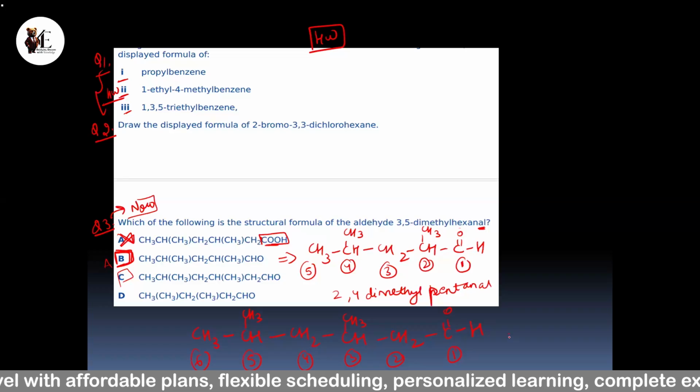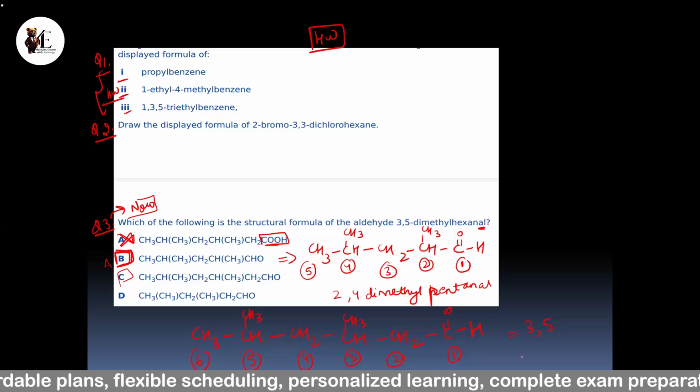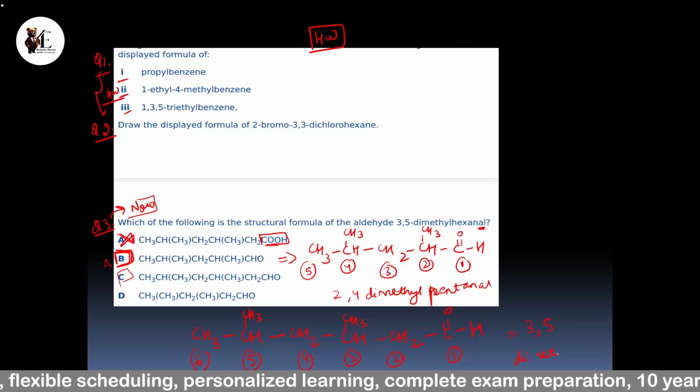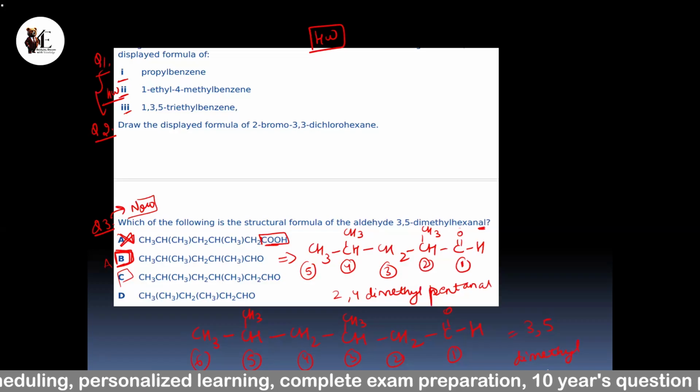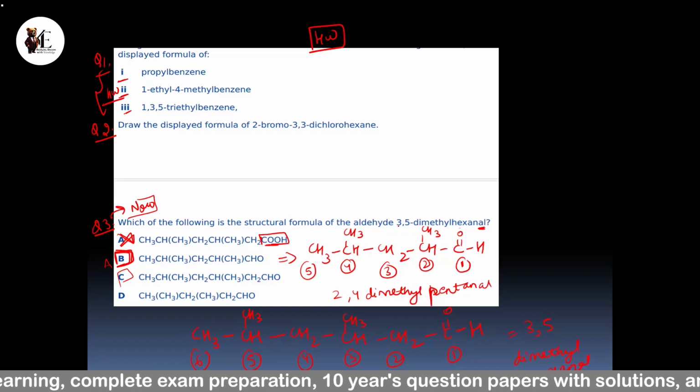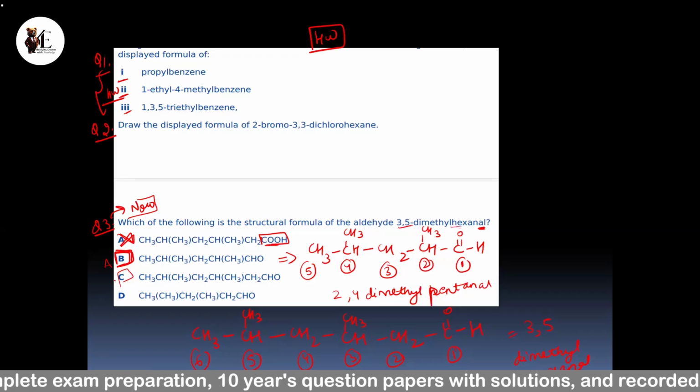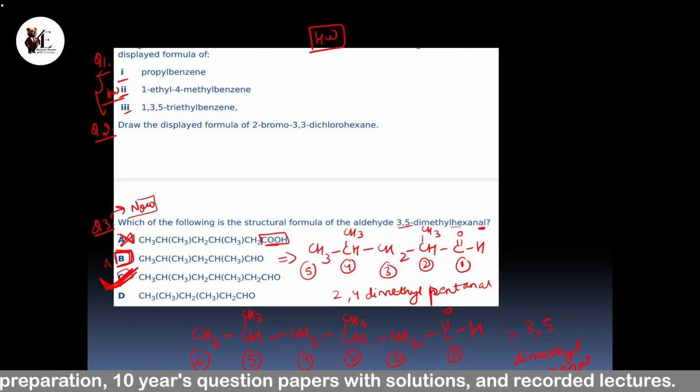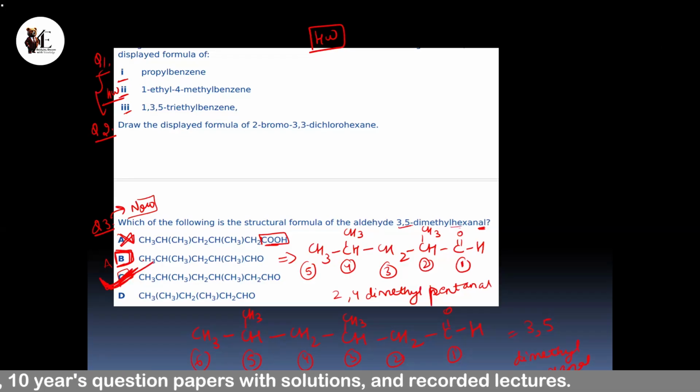Its name should be 3, 5 dimethyl. There are 6 carbon atoms. So hexanol. 3, 5 dimethyl hexanol. And the question is asking 3, 5 dimethyl hexanol only. So option number C is correct. Please make the correction. Option number C is correct.